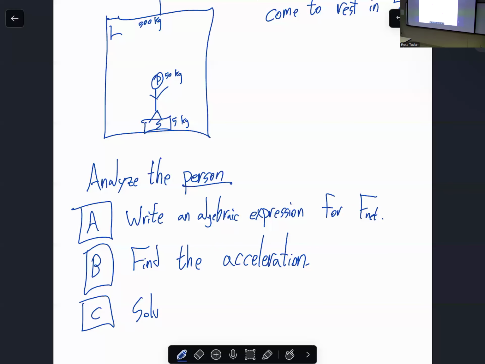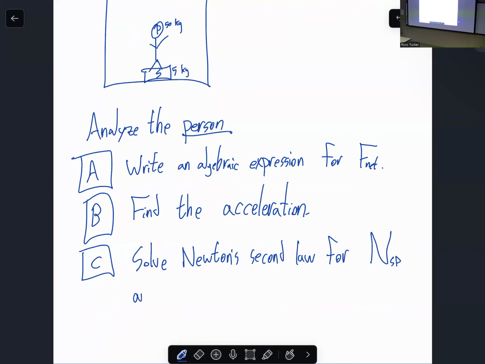Third, solve Newton's second law for, in this case, the normal force of the scale on the person, and plug in.